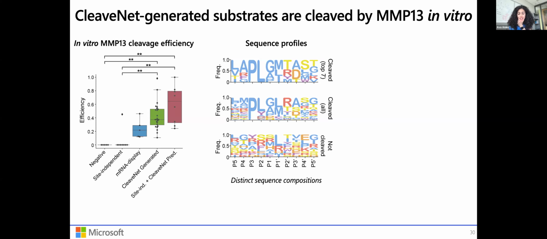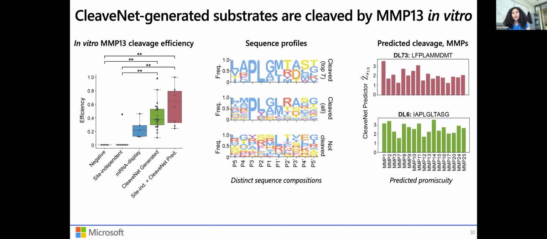What is interesting now is, okay, well, here we were only selecting based on efficiency, nothing about selectivity or specificity for MMP13. And if we now start to think about, okay, we have this evidence of MMP13 cleavage in vitro, what does this mean potentially for other MMPs, keeping in mind that these proteases can be highly, highly promiscuous?